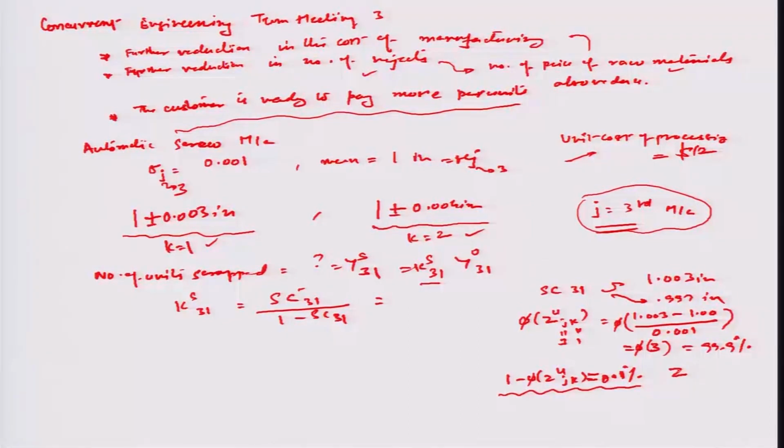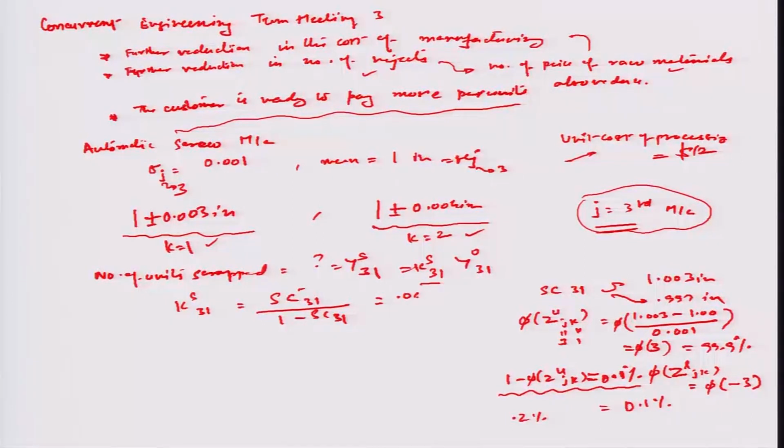Similarly, if I had a lower tolerance unqualified percentage, this corresponds to phi of minus 3, which is same as the 0.1%. In other words, the total number of rejects here is close to about 0.2%. Okay.